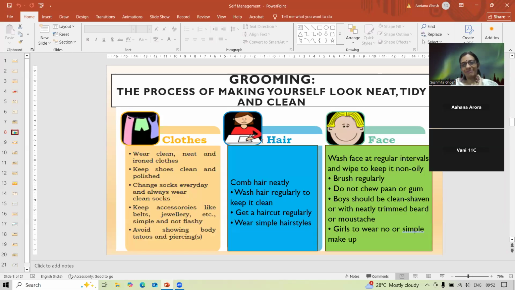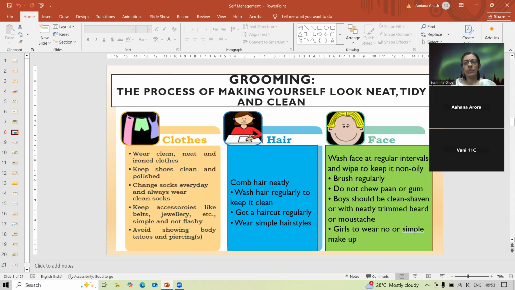Coming to grooming, we all understand what we mean by the word grooming. Making yourself look neat, tidy, and clean, which will include your clothing, hair, face, overall body, how you present yourself in terms of keeping yourself well groomed, wearing clothes which are clean, which are pressed, which suit you, which are suitable to the occasion.